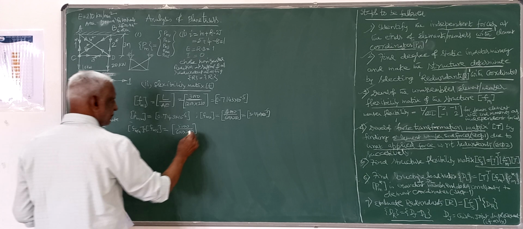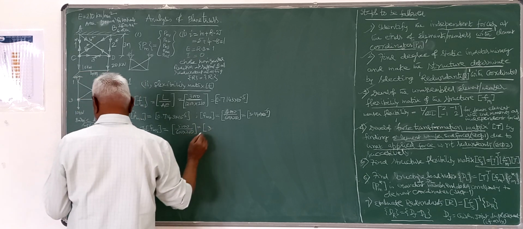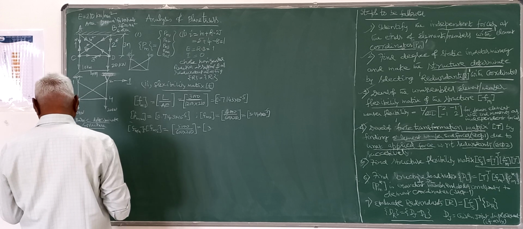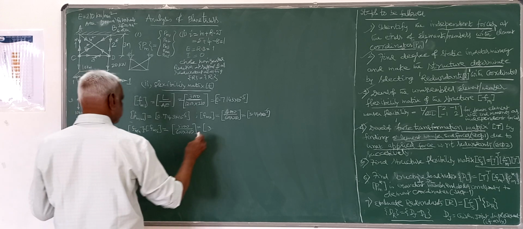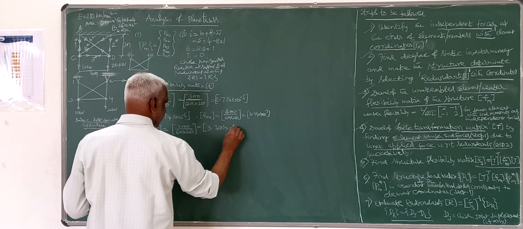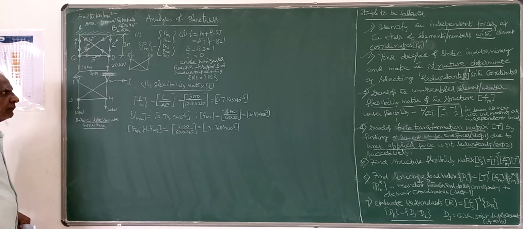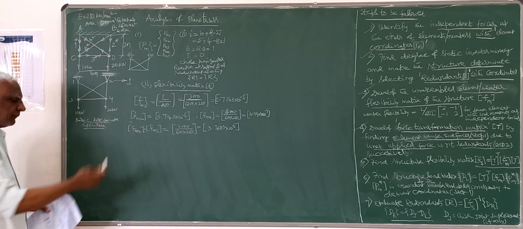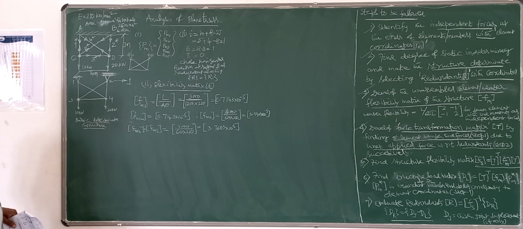If you simplify, you will get 3.7683, that is for these two inclined. These are the member flexibility matrices which you have determined.